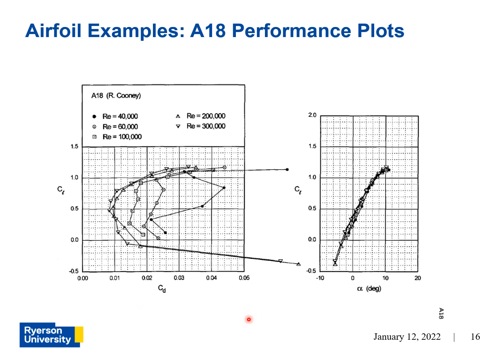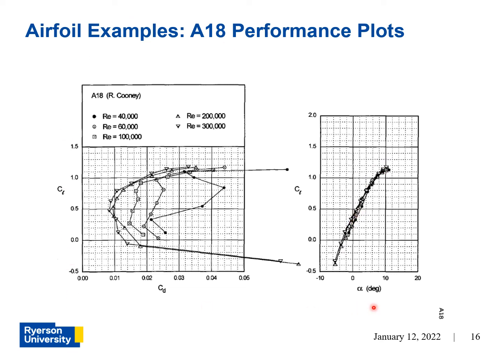Here is an example of the performance plots of the A18. And again, we've actually seen this data before when I was explaining the concept of Reynolds number. You can see the variation of the drag polar with respect to different Reynolds numbers, and also the lift plot right here.